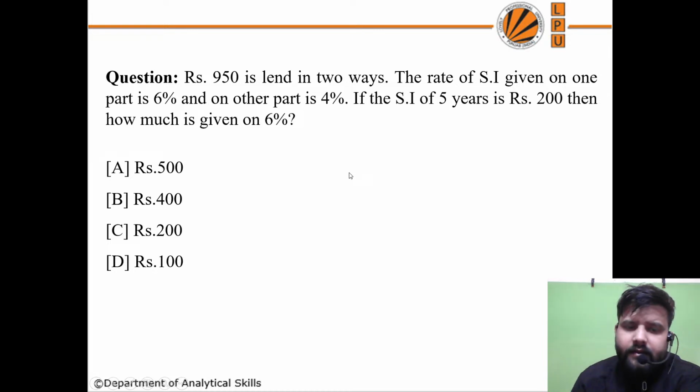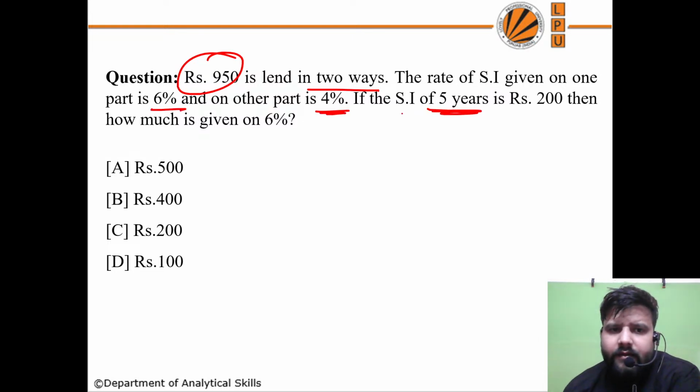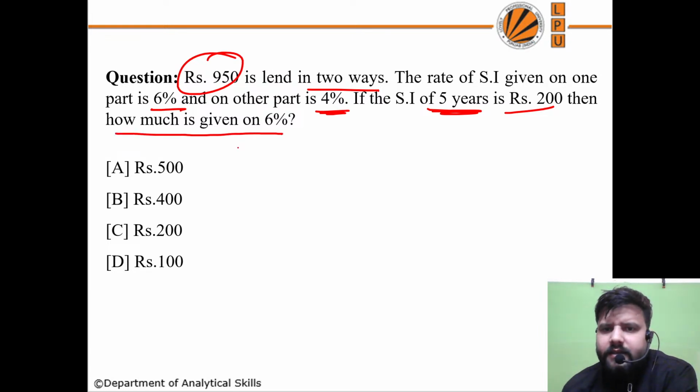Okay, let's see it. First of all, let's do it with the equation. 950 will be lent in two ways: first at 6%, second at 4%, and the time period is 5 years. If the SI of 5 years is 200, then how much was given at 6%?